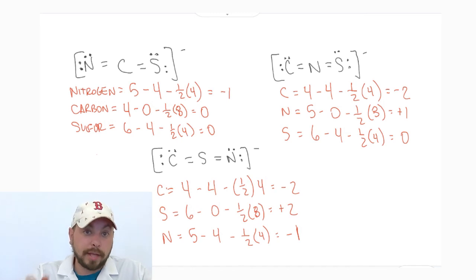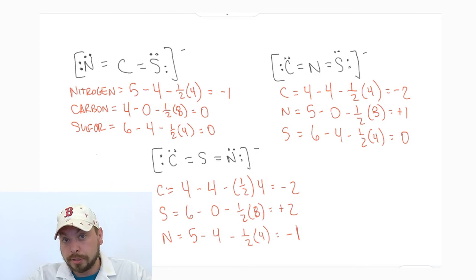Okay, so the last structure here, carbon's is going to be -2, sulfur's is going to be +2, and nitrogen's is going to be -1.